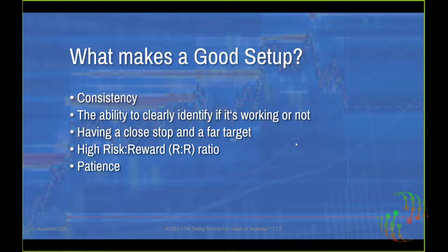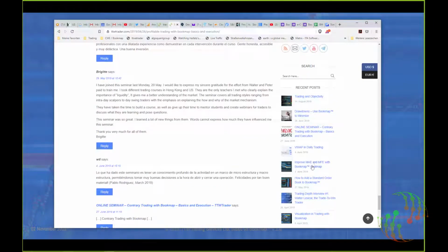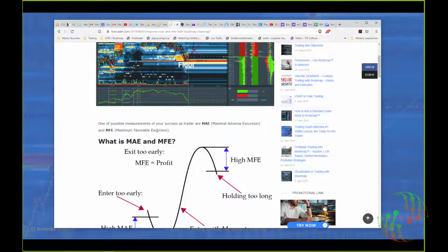Having a close stop and a far target, that's what I would like, or that's my goal, because if you think about this MAE and MFE, it's an excellent measurement for successful trading.